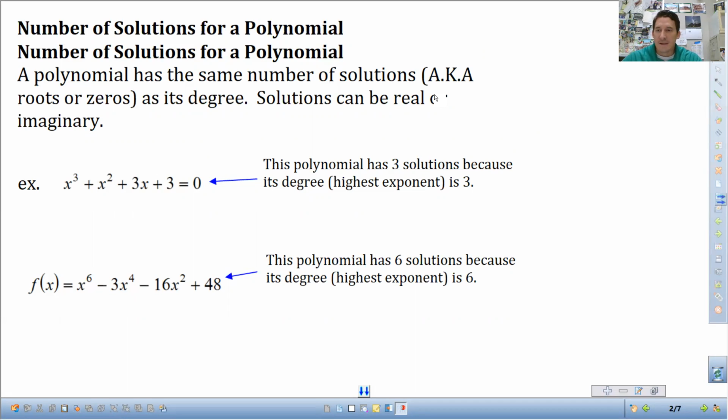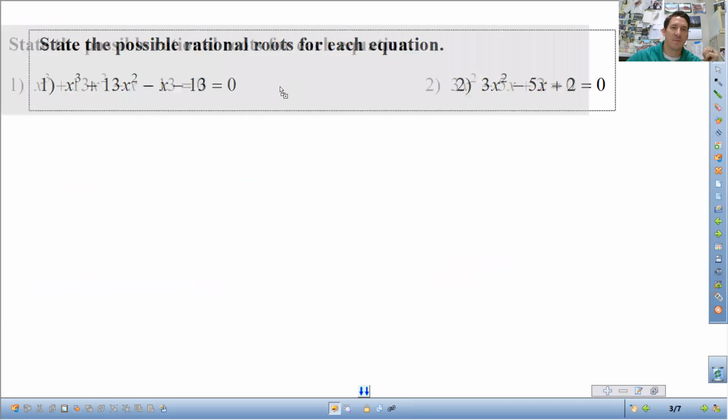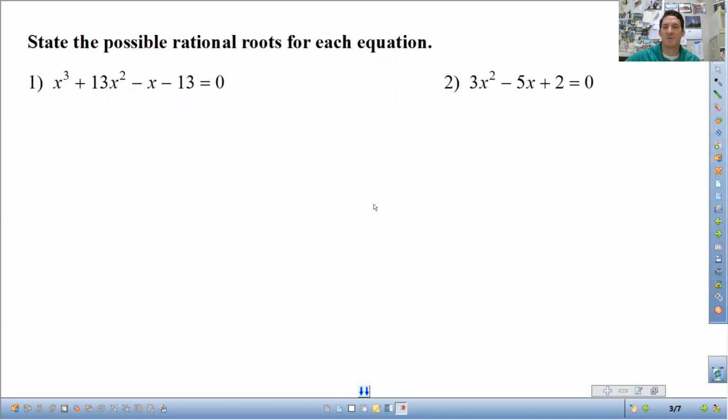All right, let's do some practice here. We're going to be doing this later, where we need to state the possible rational roots for each equation. We're practicing this on the assignment today. The possible rational roots are just m over n.